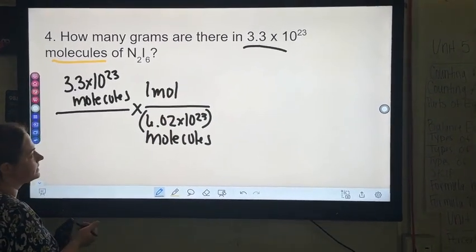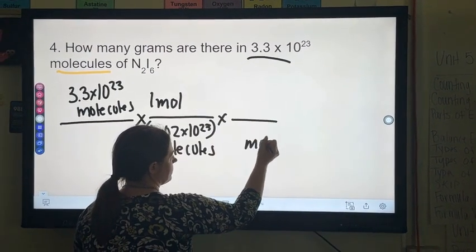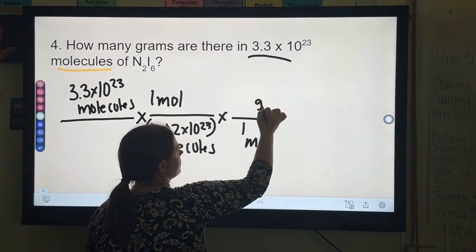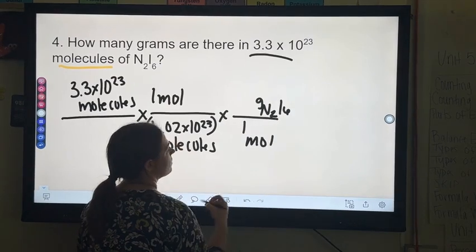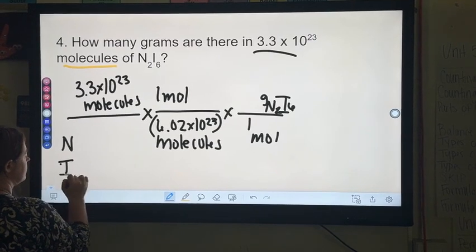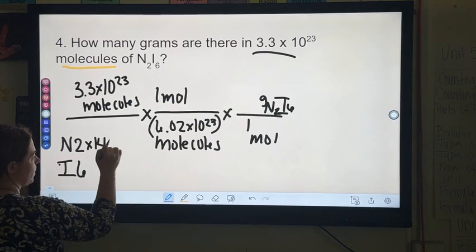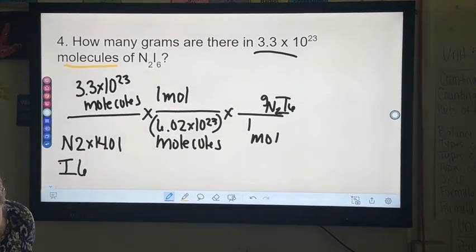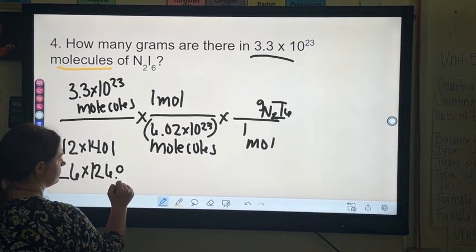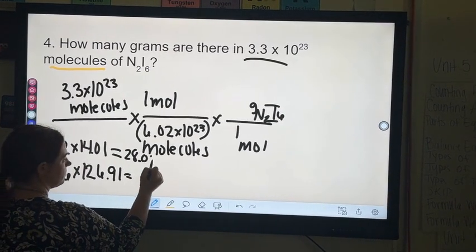If I wanted moles, I would stop there. If you have moles at the top, you need moles at the bottom, and then it's going to equal grams of N2I6. So we need to go to the periodic table to get that. So we have N and I. There's 2 N's, 6 I's. Nitrogen is 14.01, so this is 28.02. Iodine is 126.91.